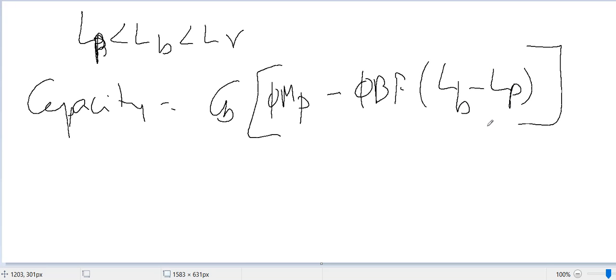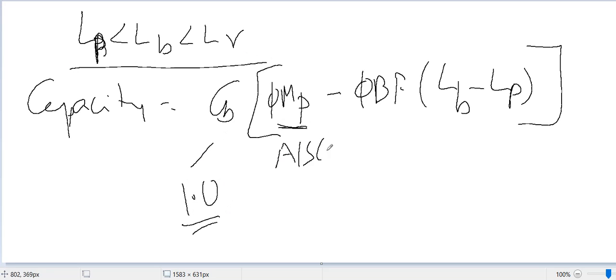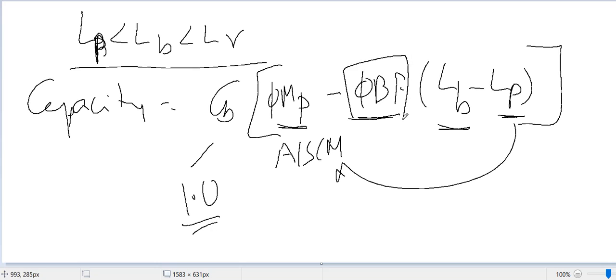That is the equation for this condition. Now this value we can find in the AISC manual, this value also from the manual, this value is our BF, it is from the manual. So this is the correct equation, but mostly by BF they mean the whole thing, so it may be possible.